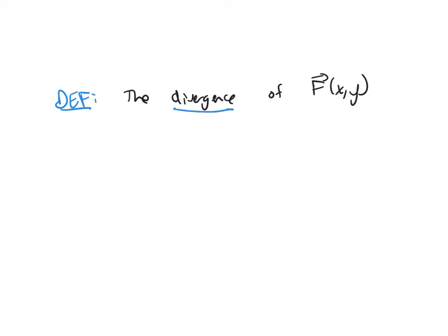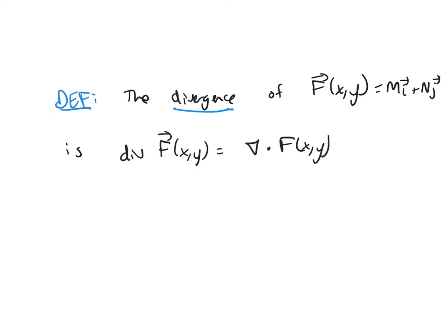So now let's talk about divergence. So a definition. The divergence of the vector field F, which will be mi plus nj, is defined to be the dot product of the gradient with the vector field.